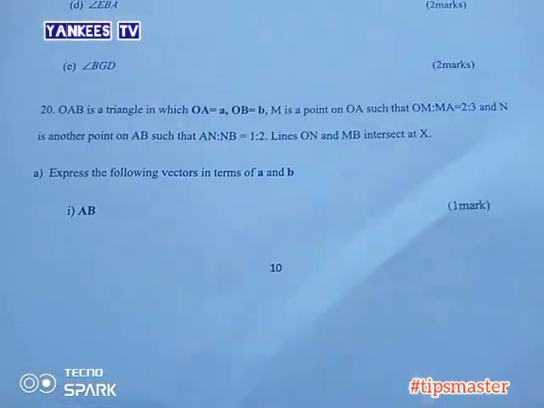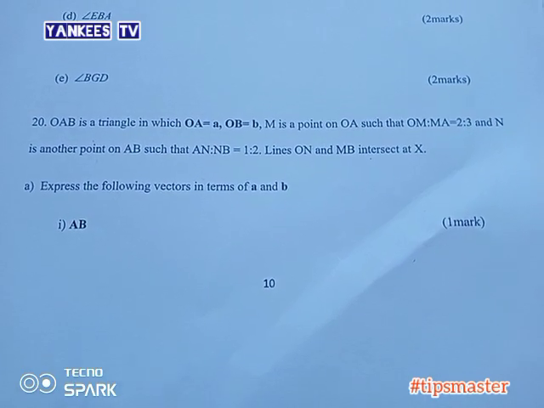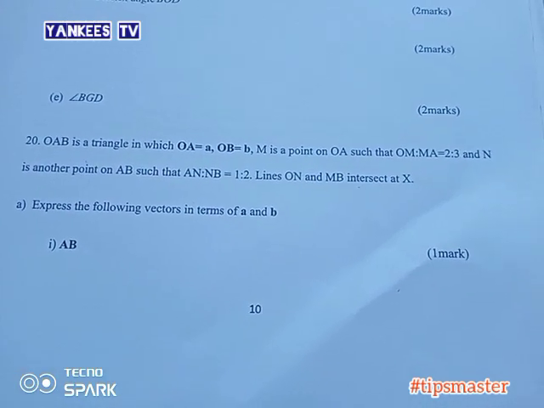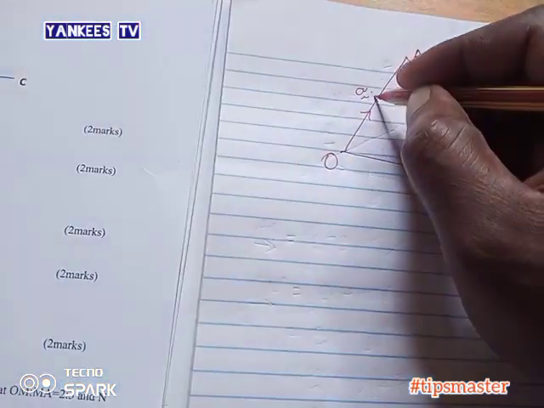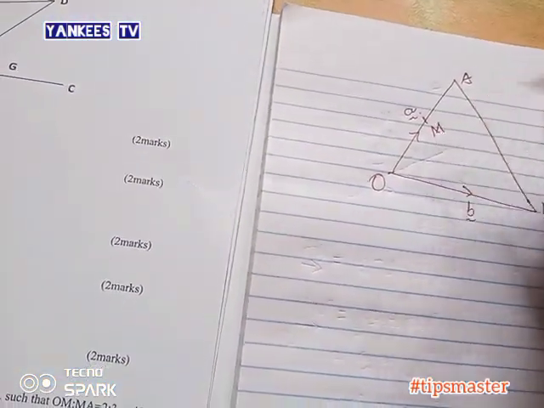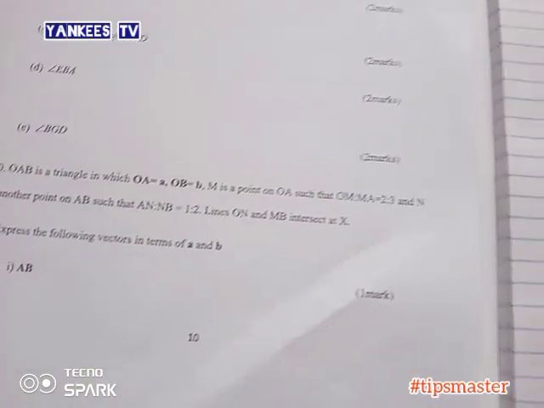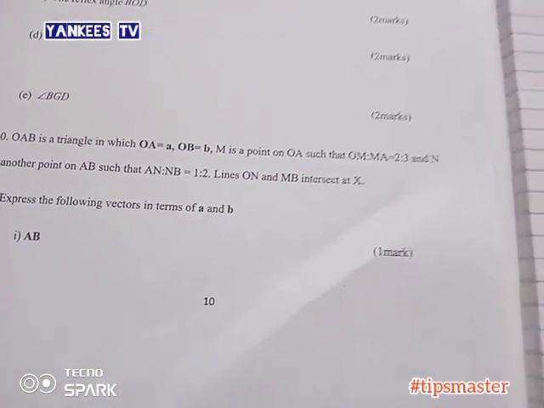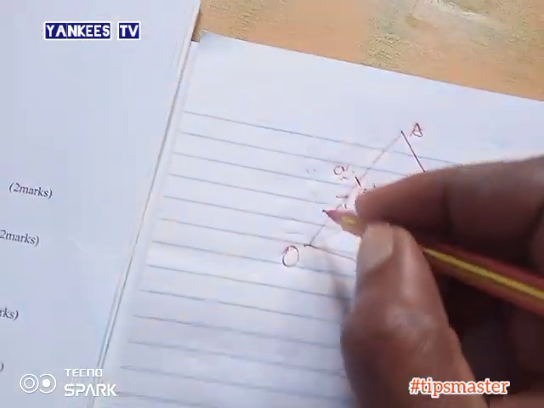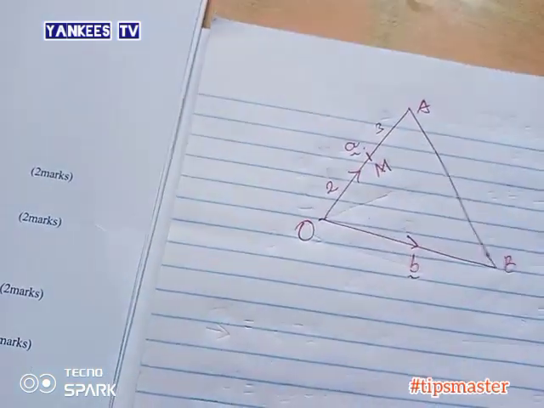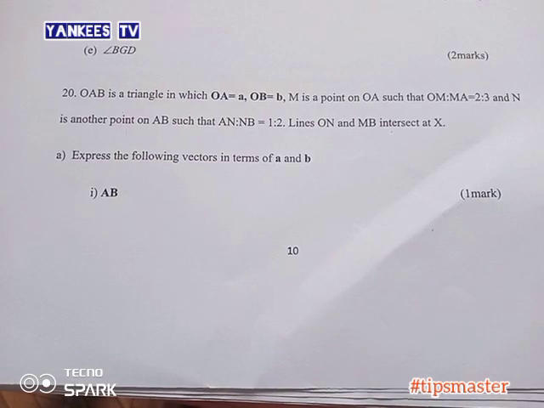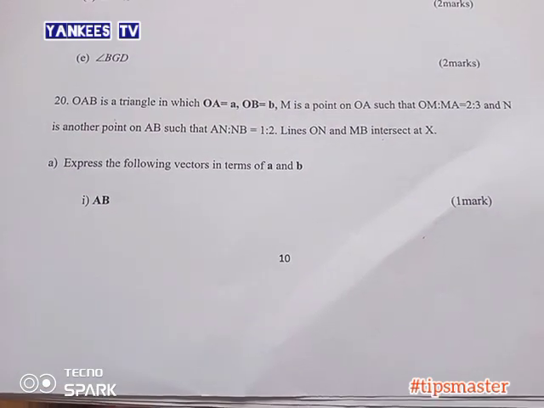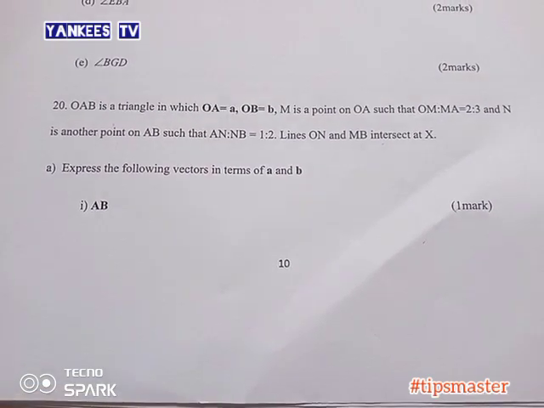Then a further statement says we have another point M along OA. So there's a point M here such that the ratio is given by 2 to 3. Then there's another point N, which is on AB and divides it in the ratio of 1 to 2.